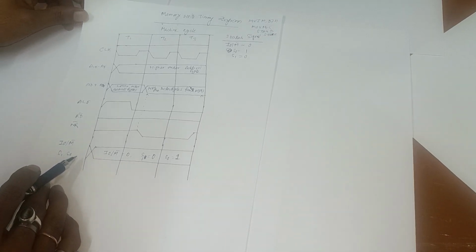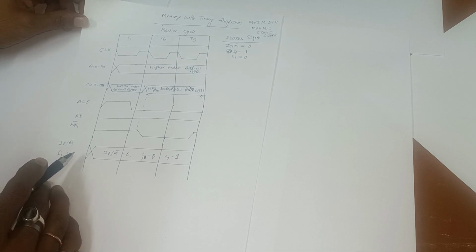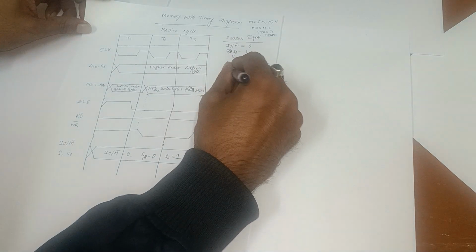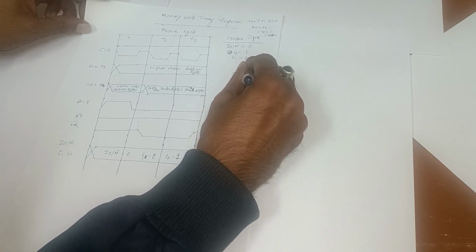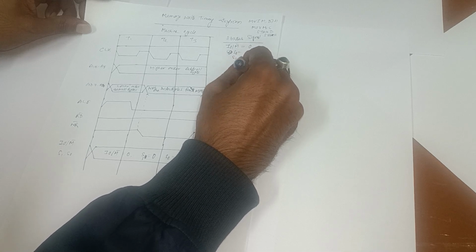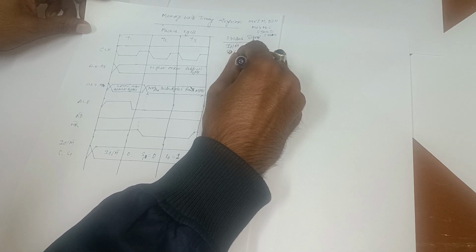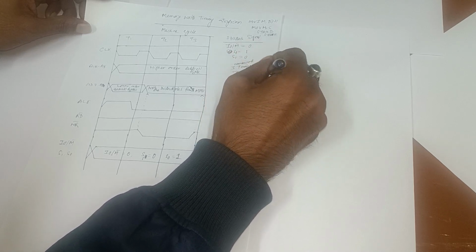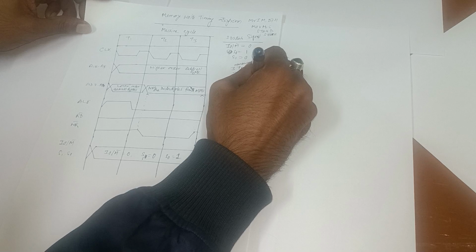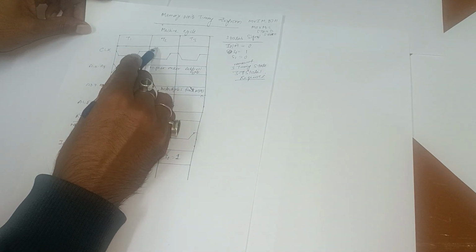Now we are coming to another lecture, on the memory write timing diagram. As I told you earlier, both the memory read and memory write timing diagrams need 3 T states, where T states means timing states. So in the same fashion we have taken T1, T2, T3.